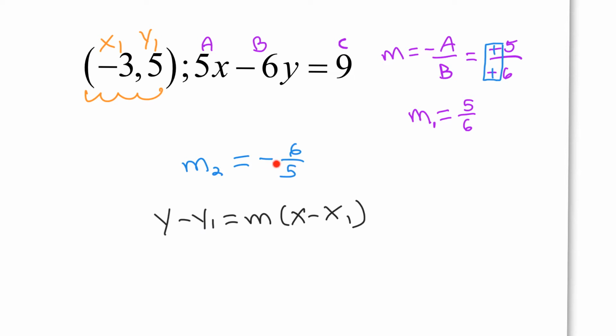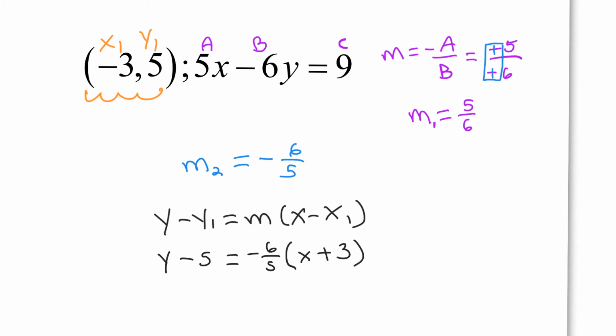Do not change the sign of m. Only x(1) and y(1). So let's go ahead and substitute. So y(1) is +5, so it's going to be -5. m is -6/5. And we have x, let's check x1, that's -3, so it's going to turn to +3.